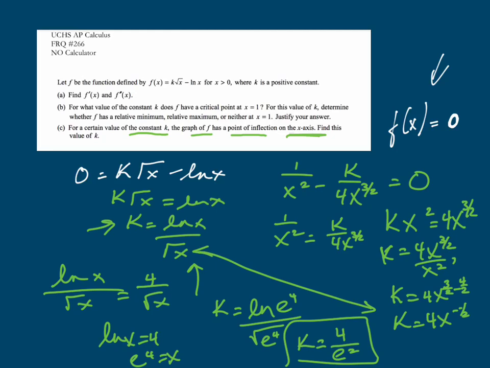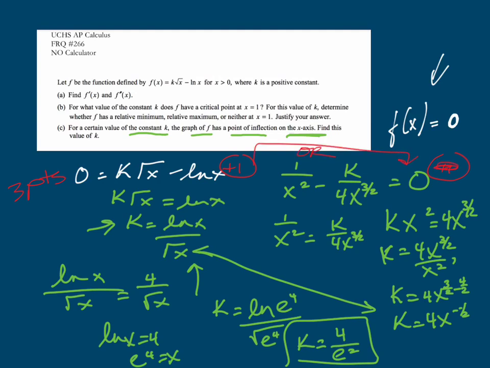Part C is worth 3 points. So that would give you a total of 9. Okay, for C, you get 1 point for setting f of x equal to 0, or if you set this equal to 0. So you don't get both those points. So this is an or.